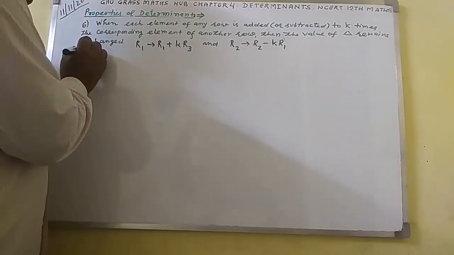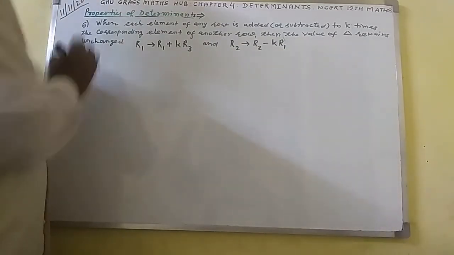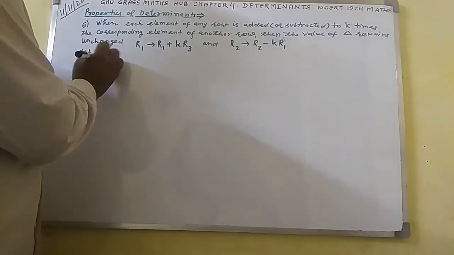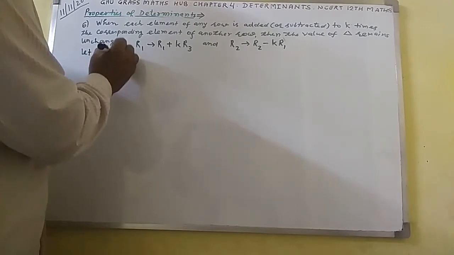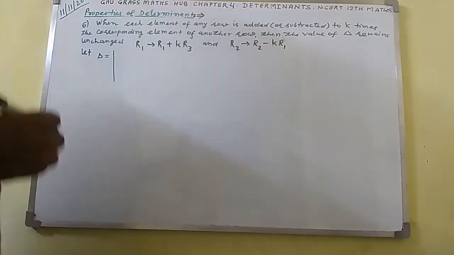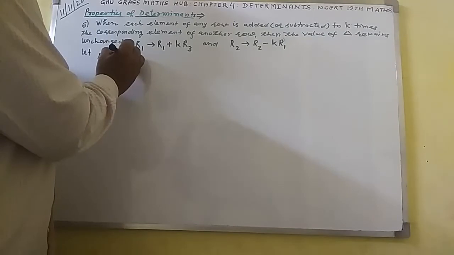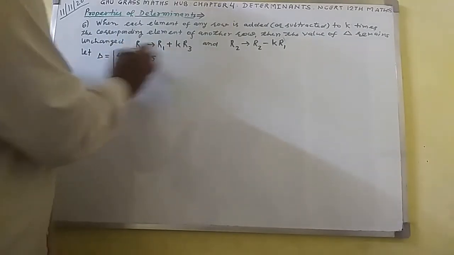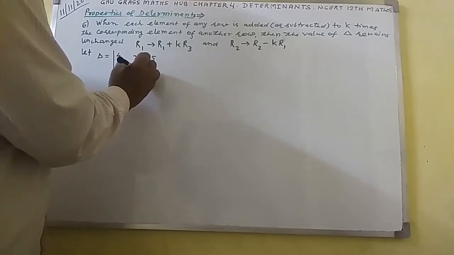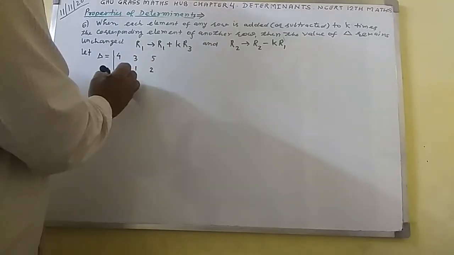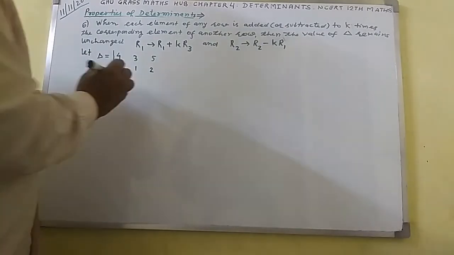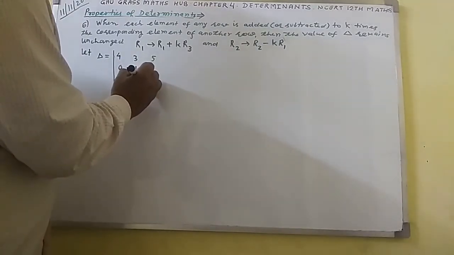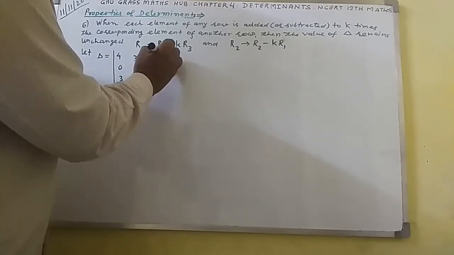Here I shall write let determinant equal to 4, 3, 5, 0, 1, 2, 3, 2, 4.